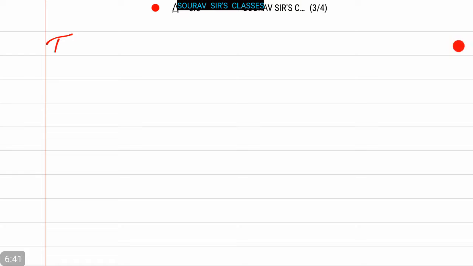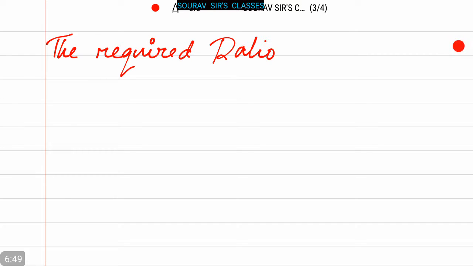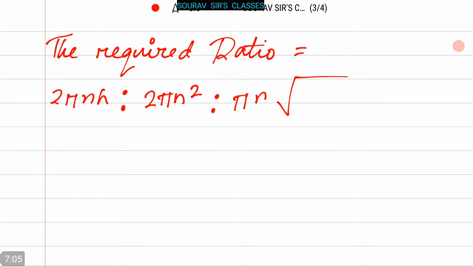So the required ratio is equals to 2 pi r h is to 2 pi r square is to pi r into root over r square plus h square.